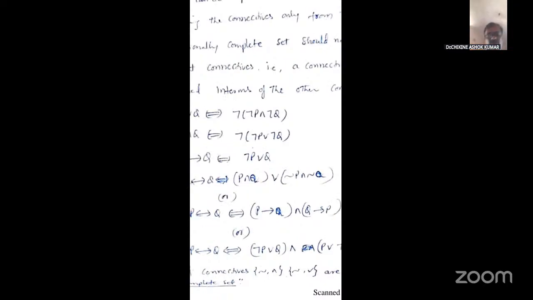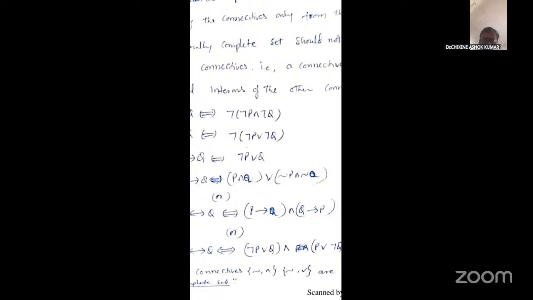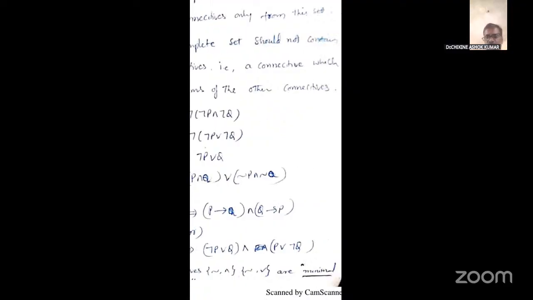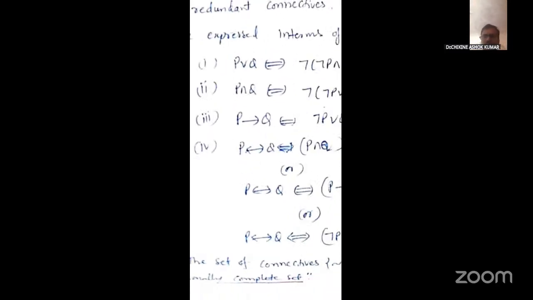You may write P double implies Q as either of these three formulas. So here the set of connectives, negation with intersection, or negation with union, are a minimal complete set.